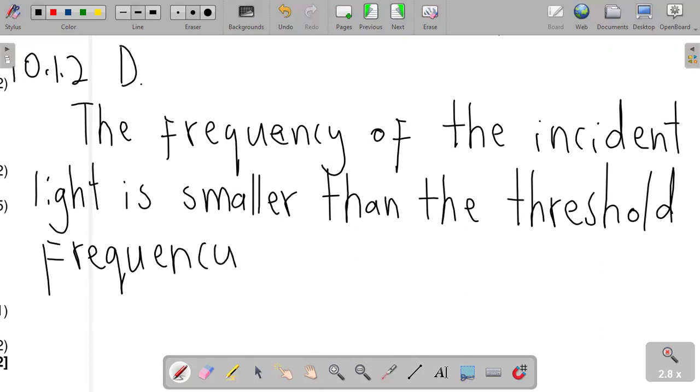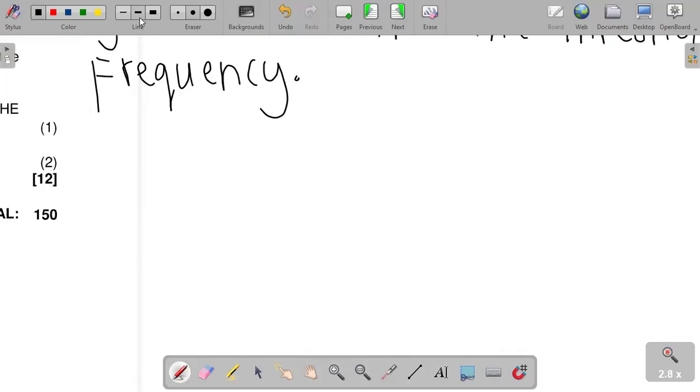So it is smaller than the threshold frequency. That is why there will be no photoelectric effect here. And then 10.1.3.